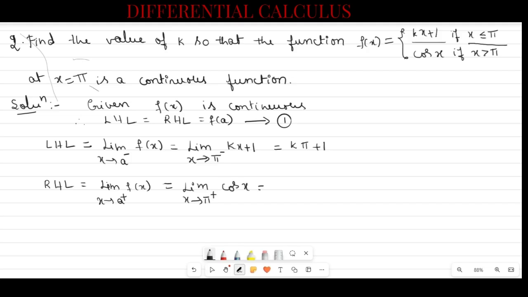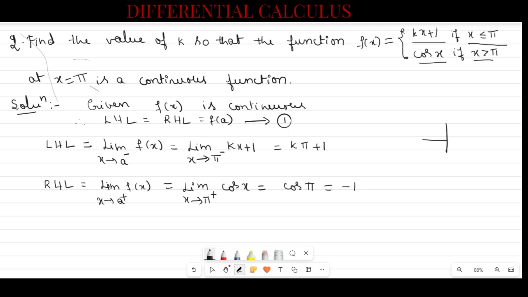Limit of f of x for x greater than pi: the corresponding function is cos x, so I have written that function here. Limit of cos x as x tends to pi plus. Substitute the value of x, that is cos pi. Cos pi means cos of 180 degrees, which is minus 1.